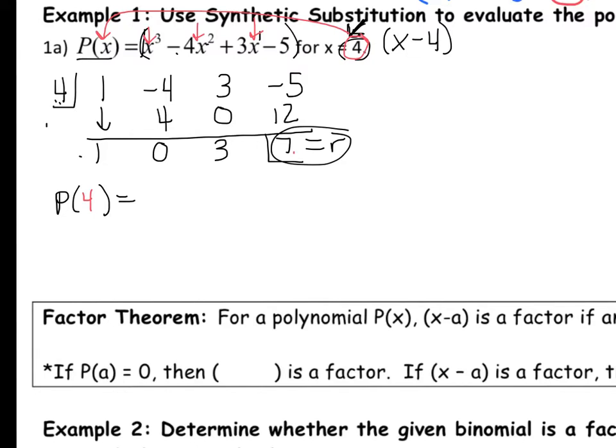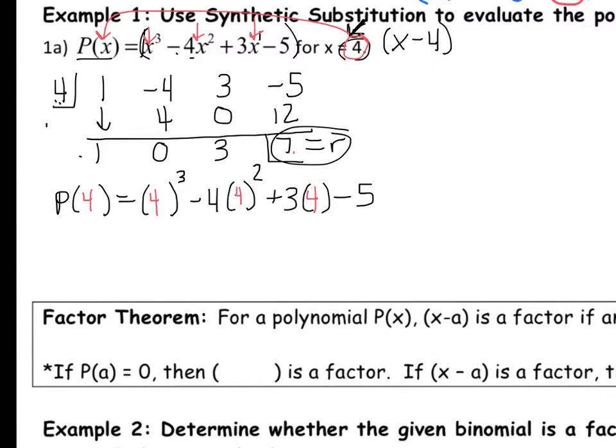So p of 4 is going to be, in parentheses, make sure you plug in inside parentheses, 4 to the third power, and then minus 4 times 4 squared, plus 3 times 4, and then minus 5. So I recopied that whole first equation, I just plugged in 4.